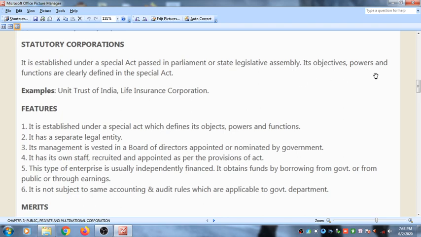Its objective, powers and functions are clearly defined in the special act. So a special act is made in which the objectives, powers and functions of the statutory corporation are clearly defined.